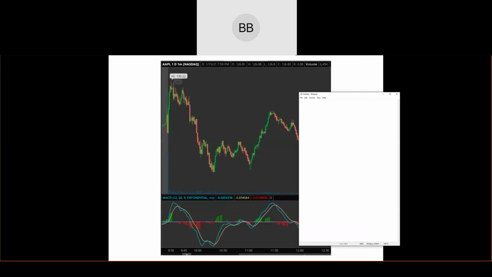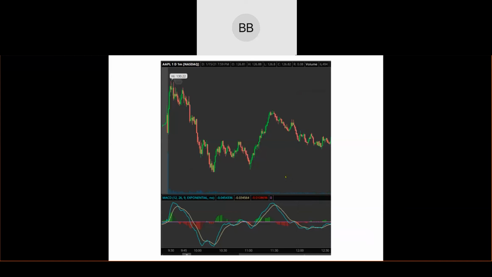So that's what the MACD indicator is. It's very powerful. I use it a lot, but I also use my own custom indicators, which I derived out of MACD. You derive the best of the cultures, right?